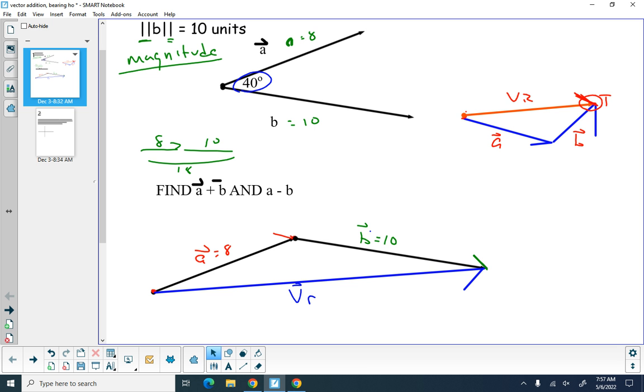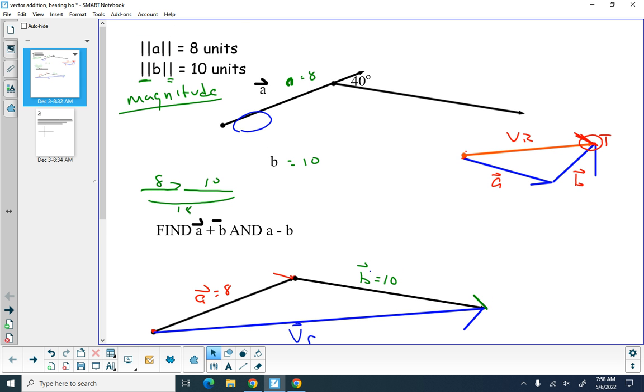If we take a look at what occurs here, all I basically did was take B and slide it up to the tip of A. When I start sliding B up to A, I maintain this angle, so that is 40 degrees still. If I slide it a little bit further, I still have 40 degrees there.